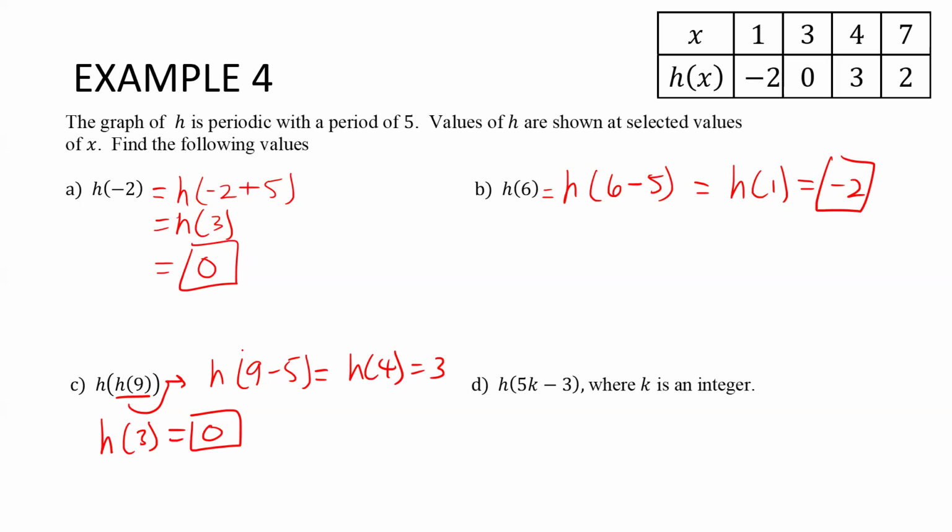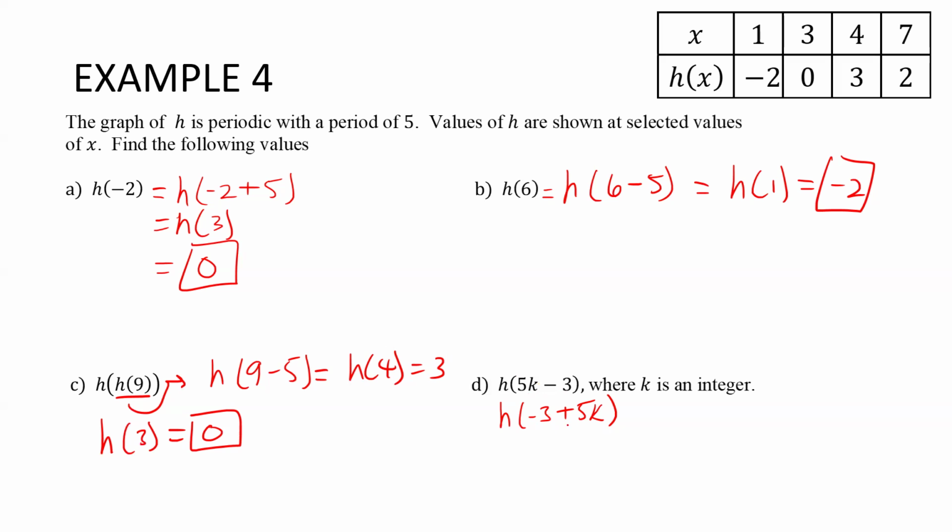We're just going to reword it to see which one of what we've been doing does it compare to. Does that make sense? So we have h of -3 plus 5k. I just rewrote the 5k minus 3. Remember, subtracting a positive is the same thing as adding a negative.